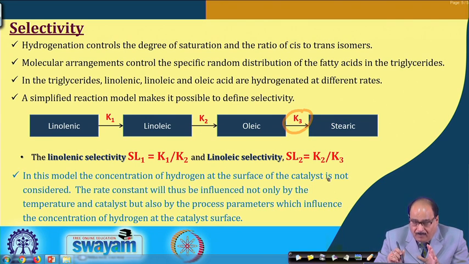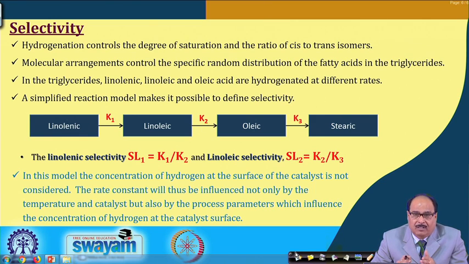So, by having appropriate selectivity, we can get the fat or saturated fat of desired consistency for desired operations, that is more or less soft fat with proper functional characteristics.